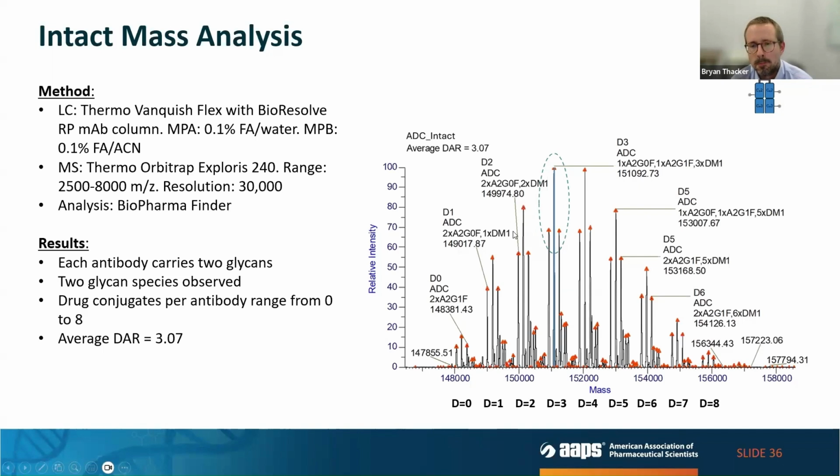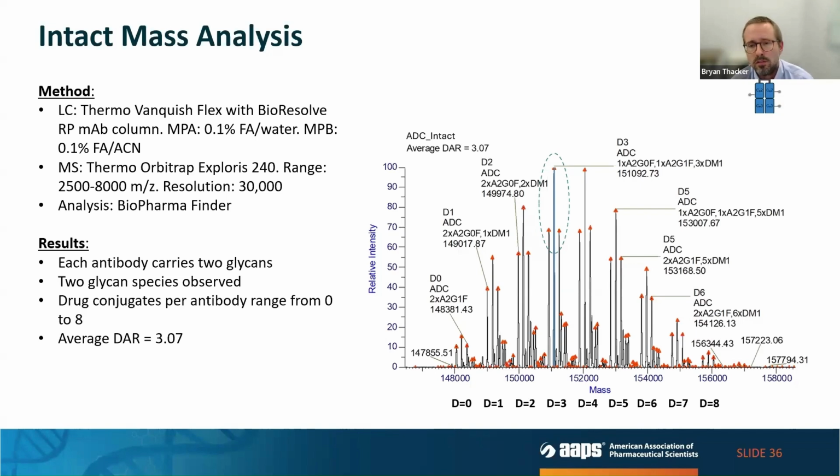So I like the oval there that has the dotted line around it. That's highlighting one of the triplets. And the top peak there, which is annotated, you can see has two glycans found on that ADC, both biantennary and glycans carrying the fucose, but they vary in the presence of galactose.